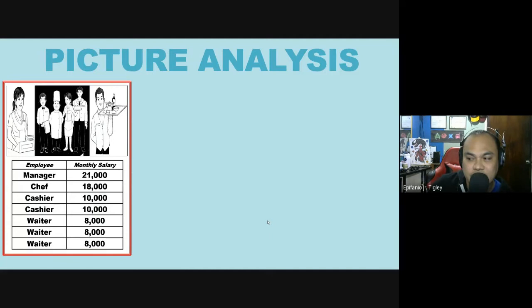Make your own observation. What is your observation about the first picture there? What do you see right now on your screen? What is the picture all about?